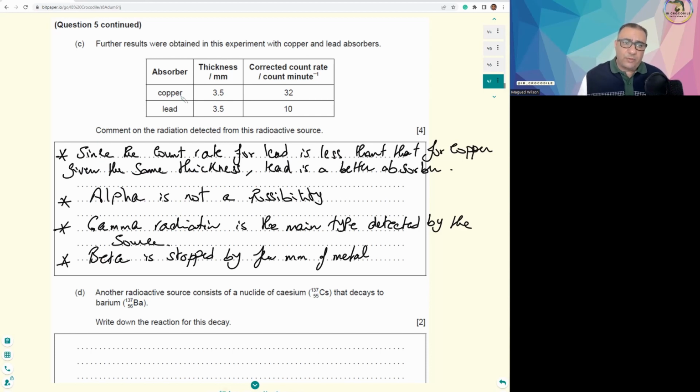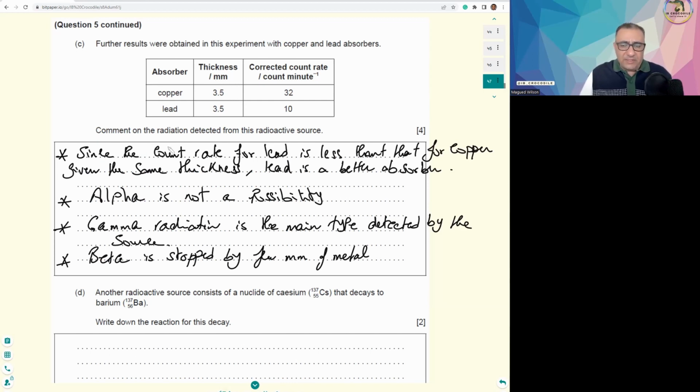Or the other possibility, you can say, maybe the thickness here is very small, like 3.5 millimeters, so maybe a certain percentage of the beta particle decay could pass, because again, the thickness is tricky. So both answers are correct.